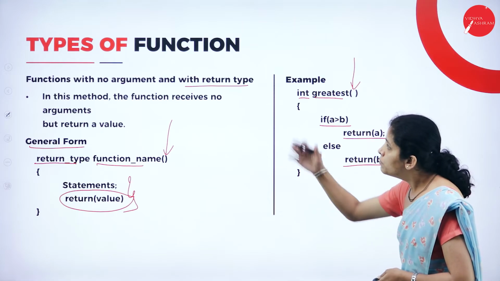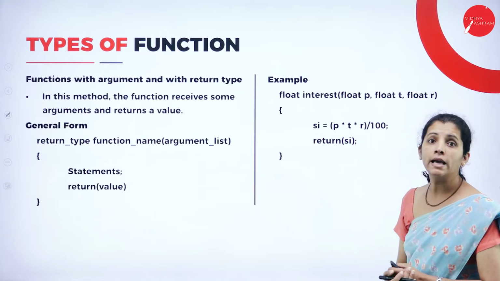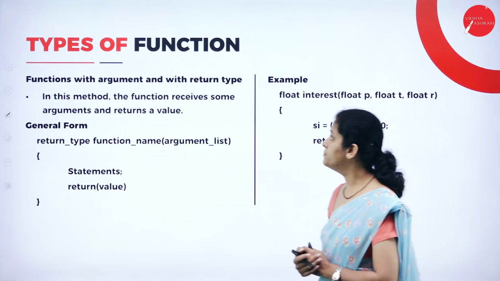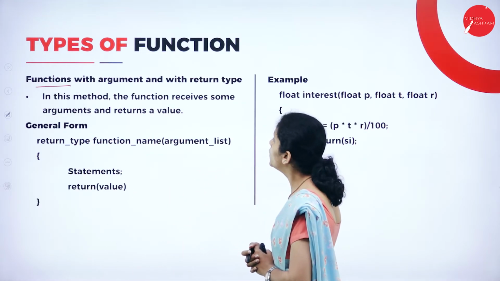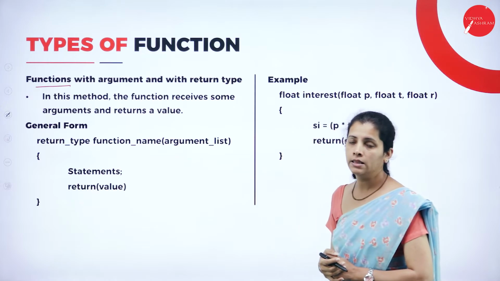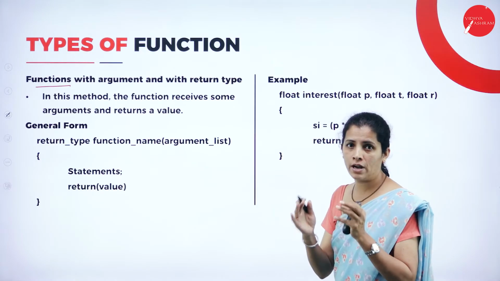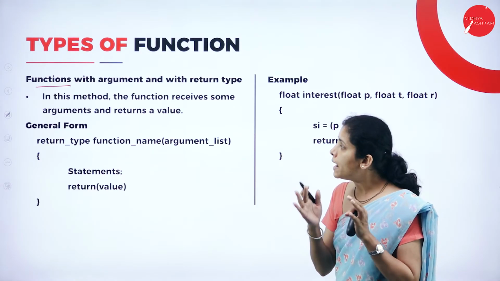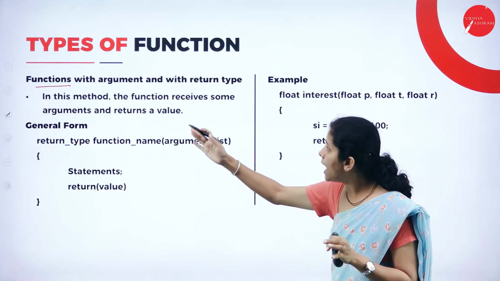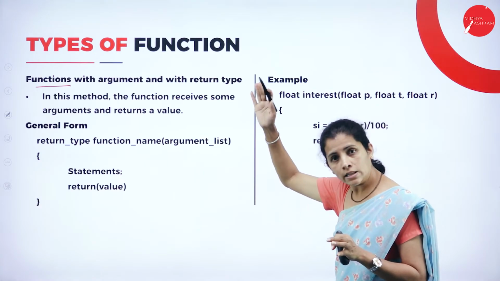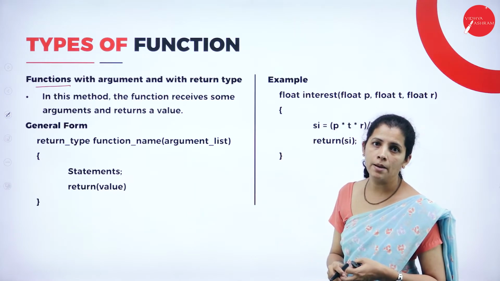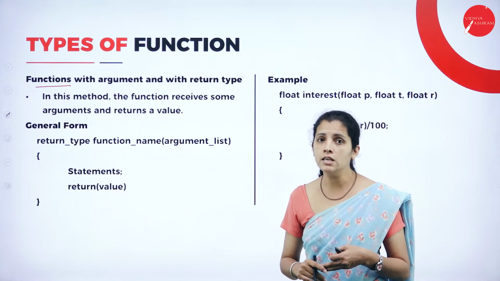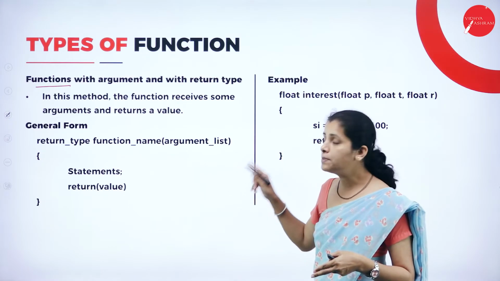Now, moving further, I'm going to have my second type of function, that is functions with arguments and with return type. That means here I'm going to have the function, but my function will have arguments. At the same time, it's going to have the return type. That means my function is able to accept arguments.